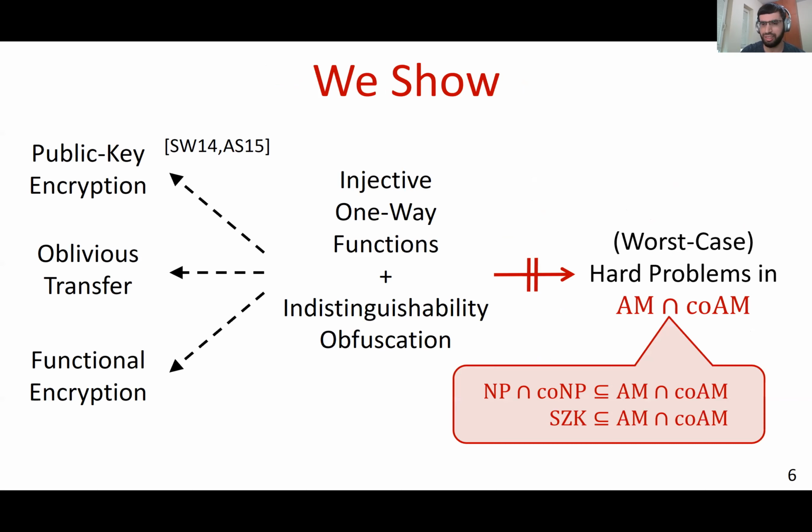And we note that AM intersect coAM contains both NP intersect coNP and SZK. So in some sense, we generalize the two results of BDV. However, the result of BDV for SZK applies also for promise problems, while our result applies only for languages.